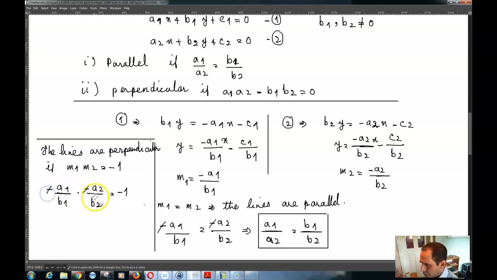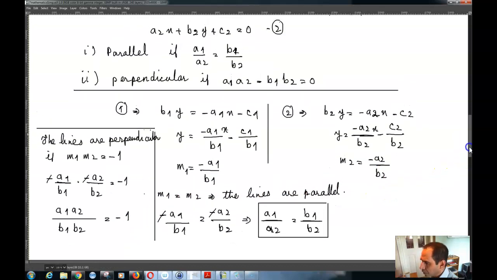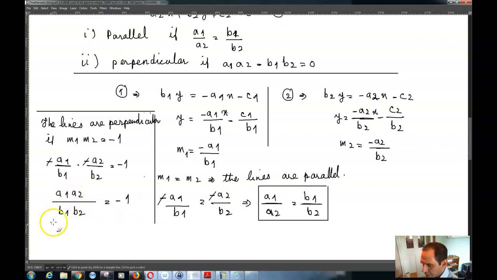You can cancel out these two negatives, and you can write this as a1 a2 divided by b1 b2 is equal to -1, and what that means is that a1 a2 is equal to -b1 b2, or you can say a1 a2 plus b1 b2 is equal to 0.